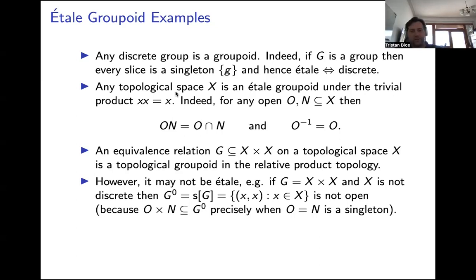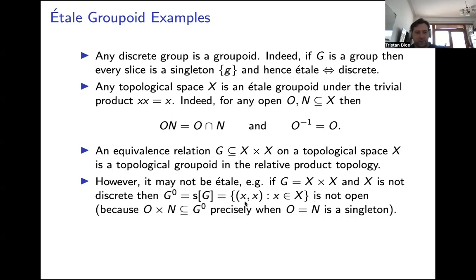For a simple example, you can just take the full equivalence relation on some set X, right? Or some topological space X. As long as this topology is not trivial, as long as it's not discrete, then you know this cannot be an Étale groupoid. Because if it was an Étale groupoid, then the unit space in particular would be open.